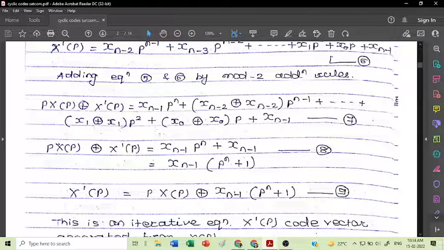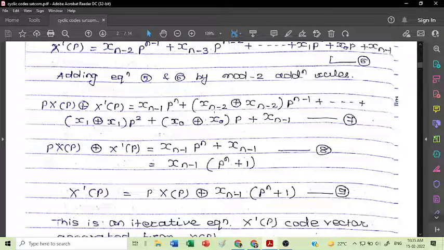Now this equation gives us p x of p mod x dash p is equal to x of n minus 1 p to the power n plus x of n minus 1, because when we do the modulo 2 addition, it is nothing but the XORing. 0 XOR with 0 is 0, 1 XOR with 1 is 0.